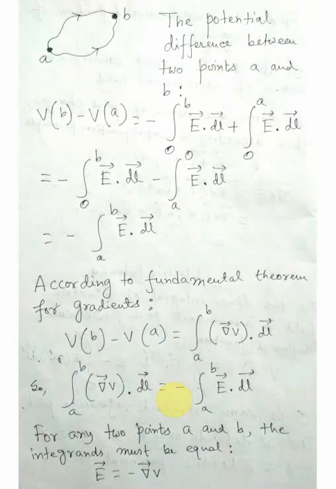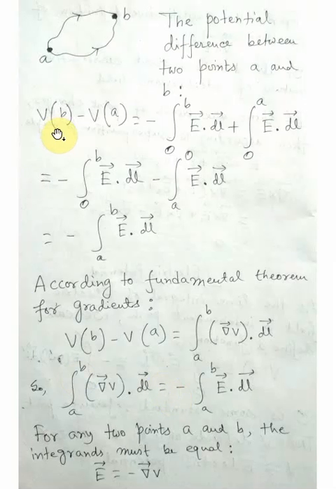Okay, now let's find the potential difference. Sometimes the potential difference is more convenient to find, and you will see that it is also important for finding the electric field. If we know the potential at two different points and take the difference, then we can find the electric field.